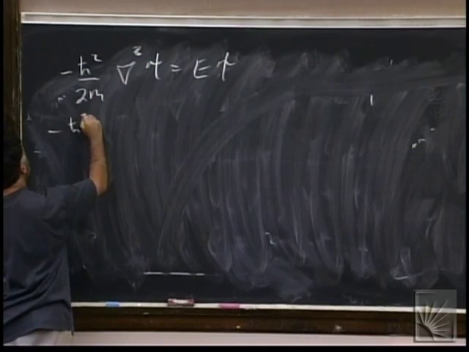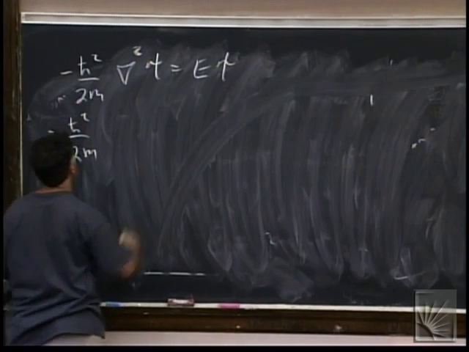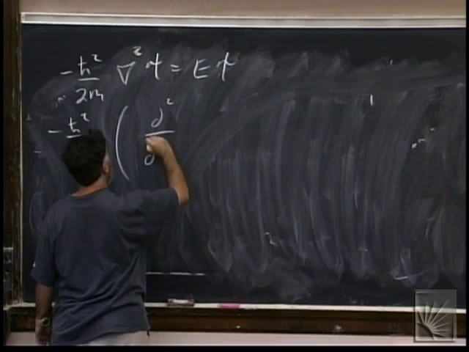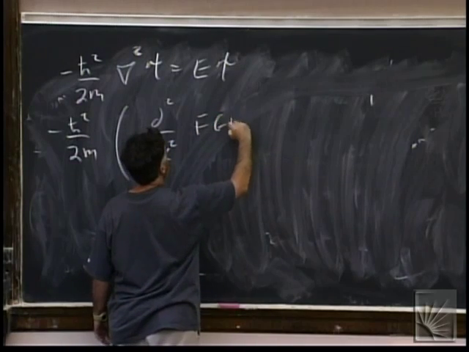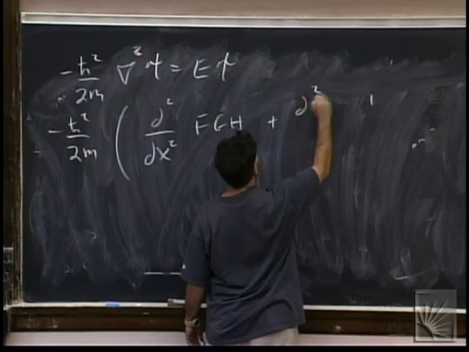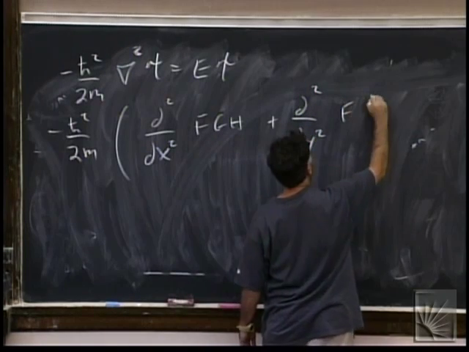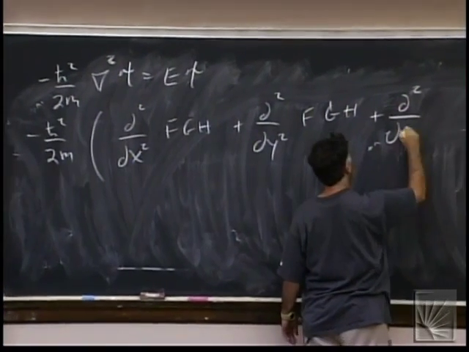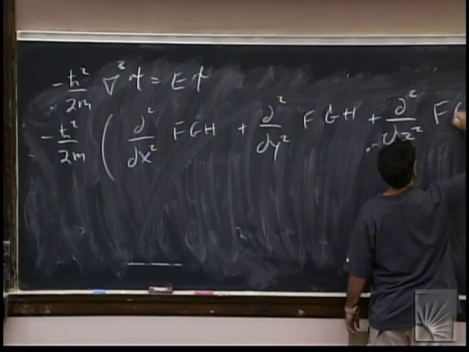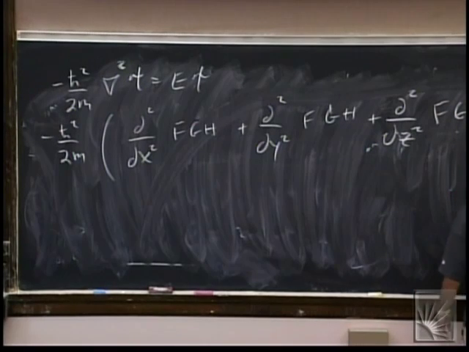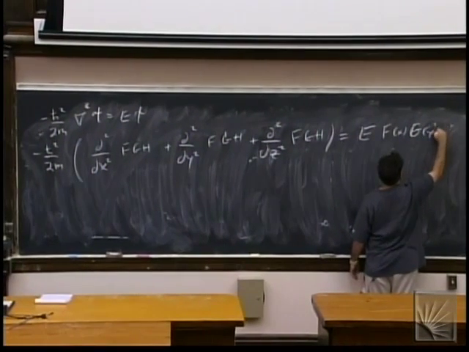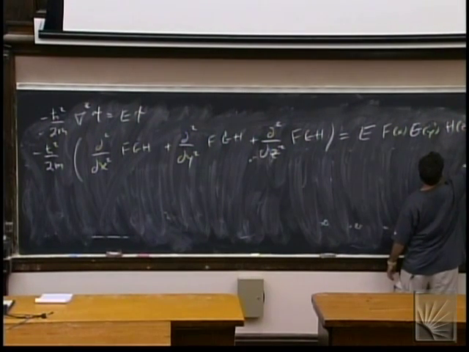So we have minus h bar squared over 2m, d squared dx squared of FGH, plus d squared dy squared of FGH, plus d squared dz squared of FGH, is equal to E F of x, g of y, and h of z.